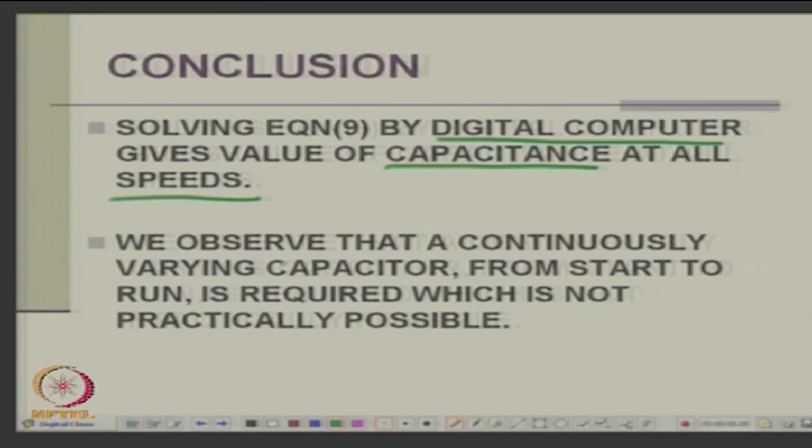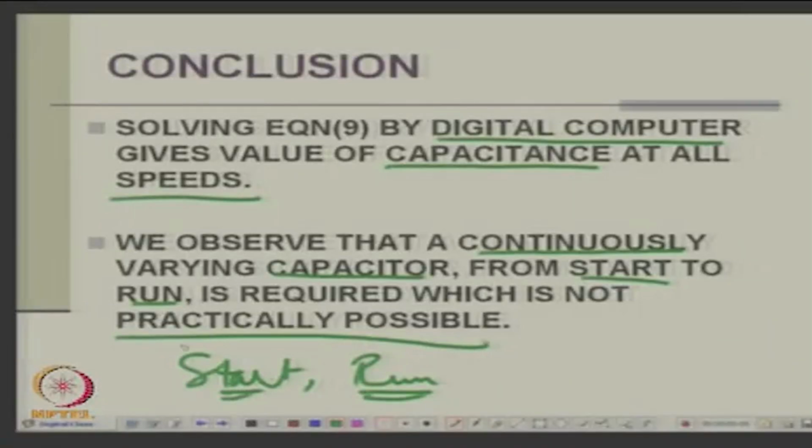We observe that the unbalance will not be the same at all speeds; the capacitor required for minimum unbalance will be different for different speeds. So you need a continuously varying capacitor from start to run, but you can't go on changing the capacitor as the speed builds up.